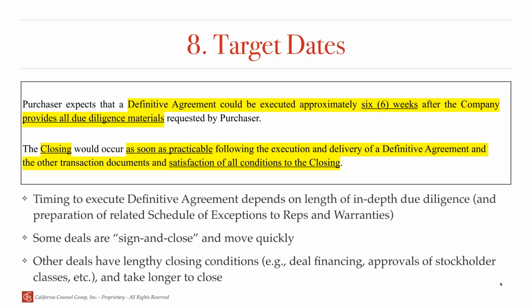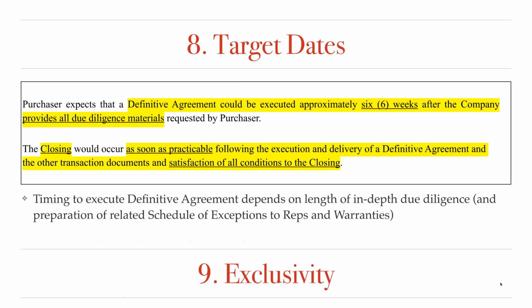We joked around about closing really quickly. Some deals are smaller and there's not a lot of hair on it. It's pretty straightforward. You can sign and close on the same day, with minimal closing conditions, and people get their money that same day. There are other deals that can take a lot longer. So these target dates are really just that, they're targets.